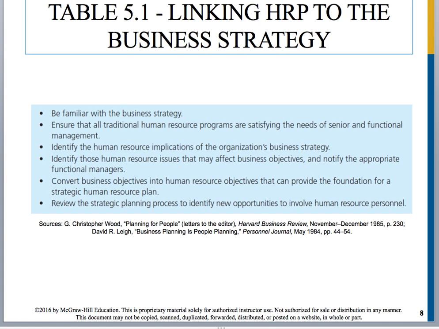Table 5.1 shows you the link of HRP to the business strategy. And so, of course, you must be familiar with the business strategy in order to properly create this plan.